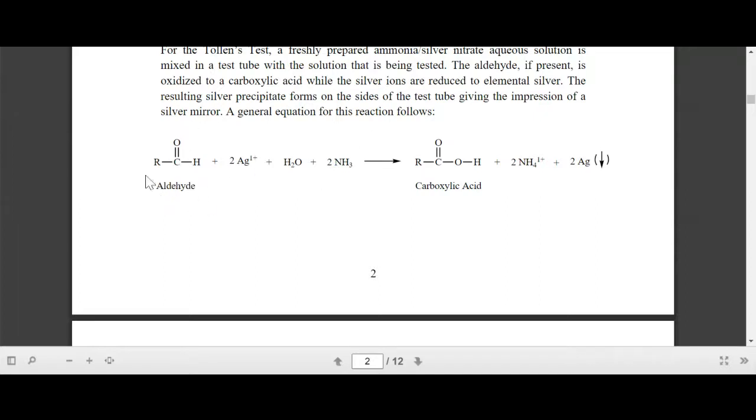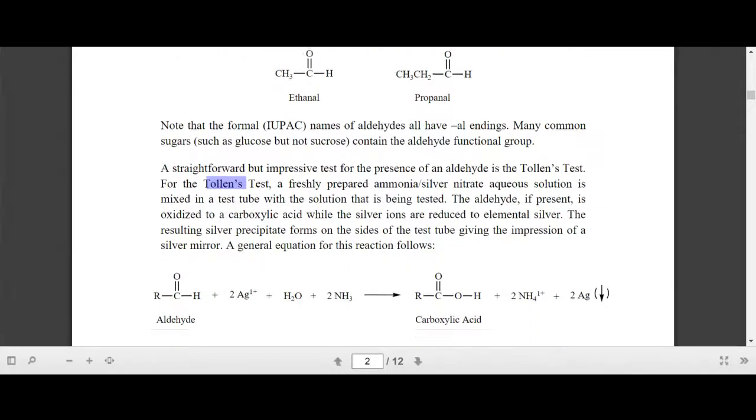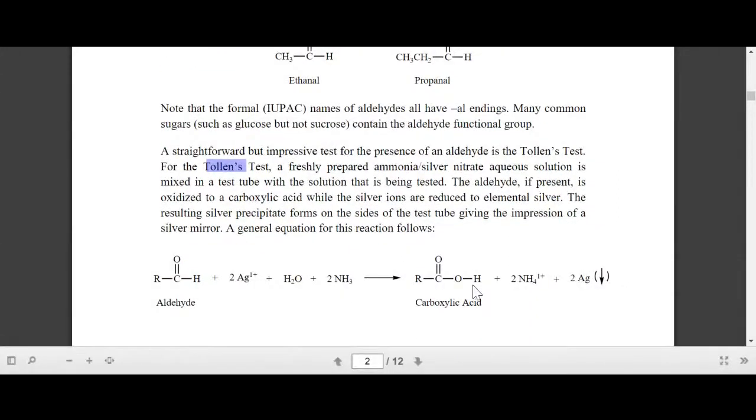If we mix the aldehyde with a reagent called Tollens reagent, that's the end of page 2. The Tollens test is going to leave a silver mirror inside the test tube. So if our unknown gives a silver mirror with Tollens reagent, it is an aldehyde.